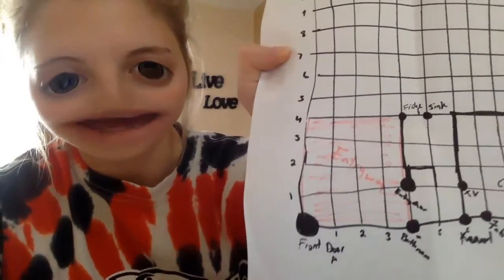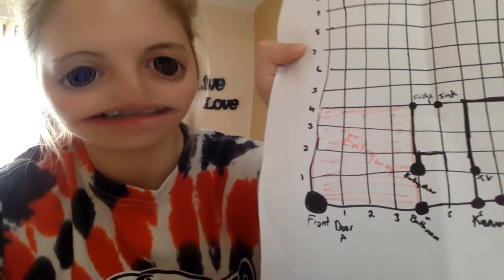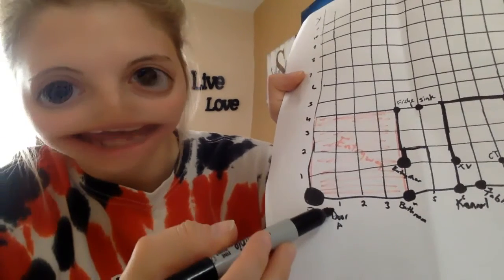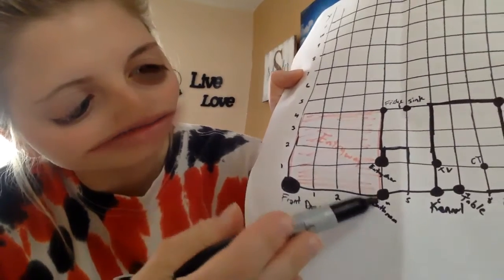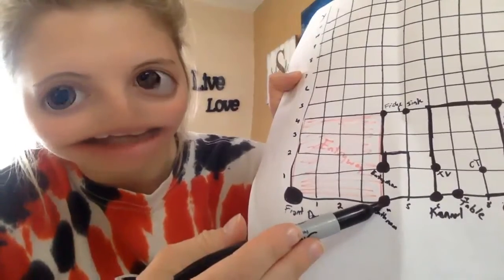My bathroom is 4 steps from my origin on my x. So 1, 2, 3, 4. And on my y, it's on 0. It doesn't go anywhere up. So I would write 4, 0, because I always do my x first.